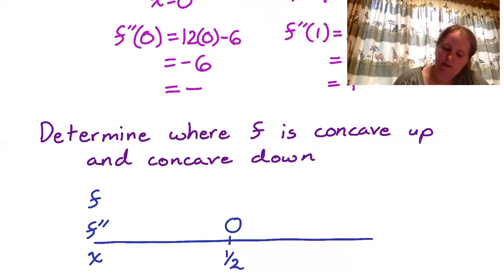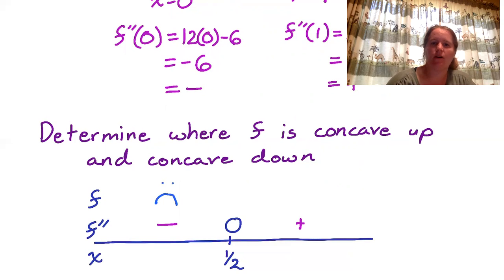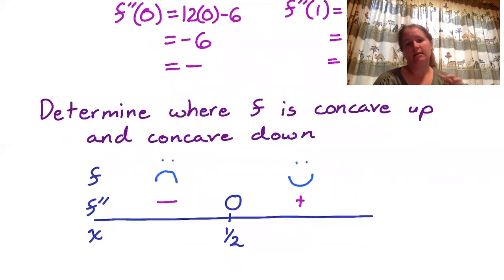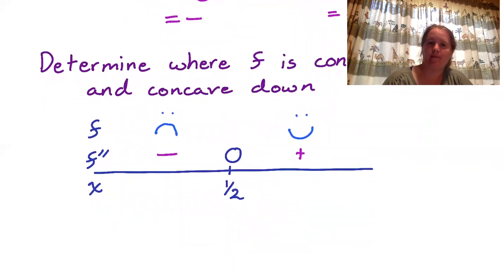We know that the second derivative started off negative and then passed through 0 at 1/2 and switched to positive after. So again, remember, if we're negative, it's a bad thing, so we're frowning. So I'm just going to draw a sad face. And if it's positive, it's a good thing, so we're smiling. So we have that our function is concave down from negative infinity to 1/2, and then concave up afterwards.